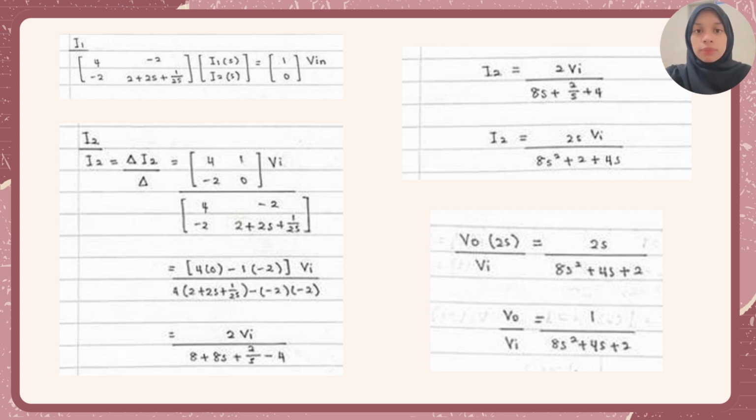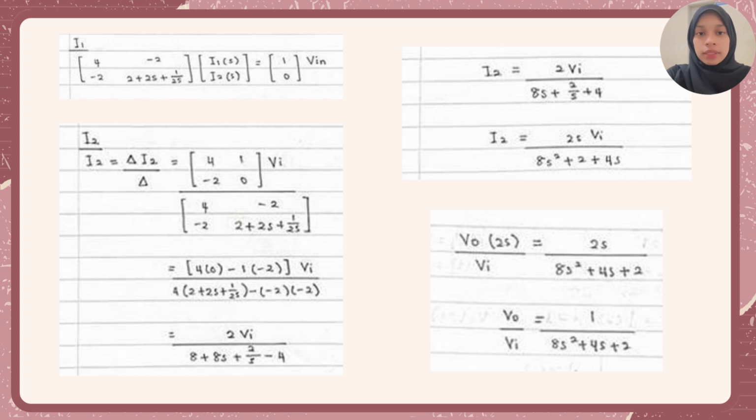The numerator becomes equal to 2Vin and the denominator is the determinant of the original matrix. Finally, we simplify and obtain I2 equal to 2Vin over the determinant.